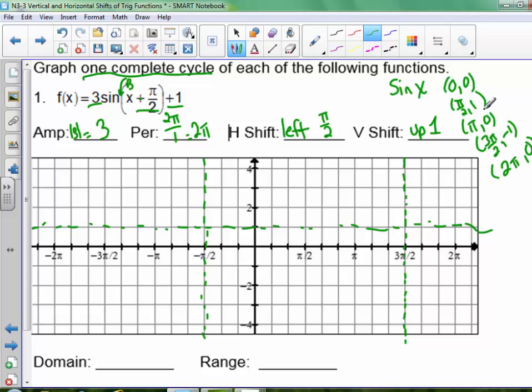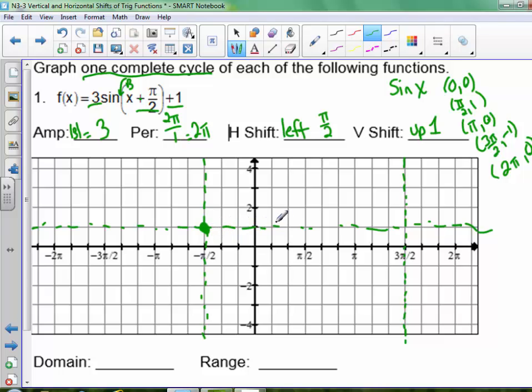Okay, so these zeros would then be on my new horizontal axis. If I was at 0, 0, that's the origin, my new, quote unquote, origin is here at -pi over 2, 1. So I go a distance of pi, and that's where my next 0 would be.